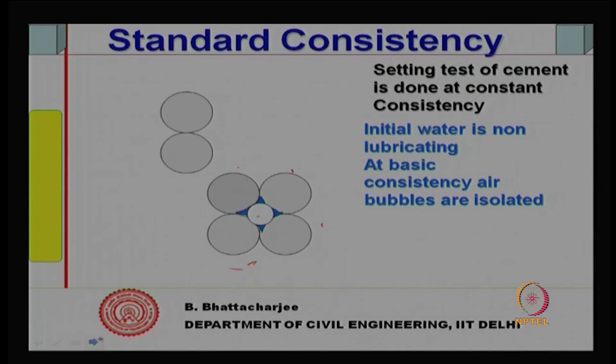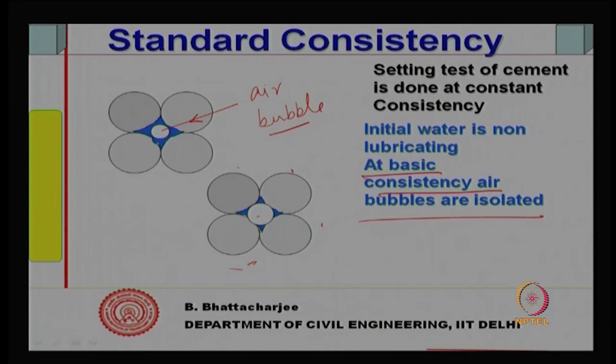But if you add more water, a time will come when the air bubble will get isolated. As it gets isolated, this corresponds to basic consistency. So, when the pendular state is just reached, that is what corresponds to basic consistency. And if you add more water, rapidly the paste will become more plastic.